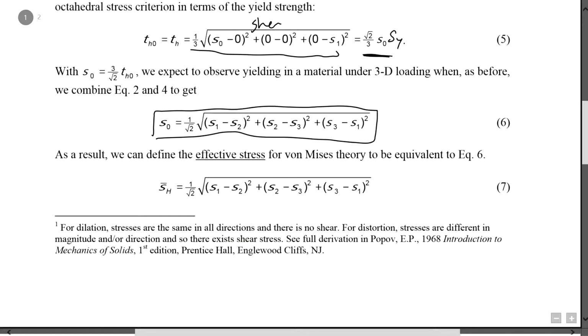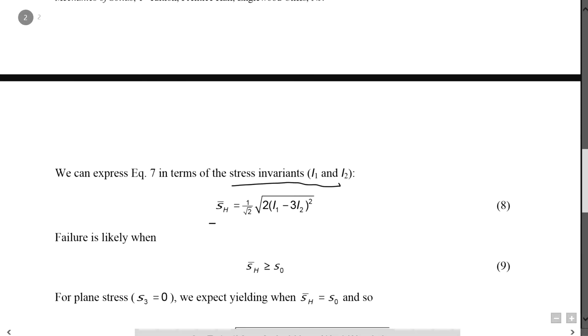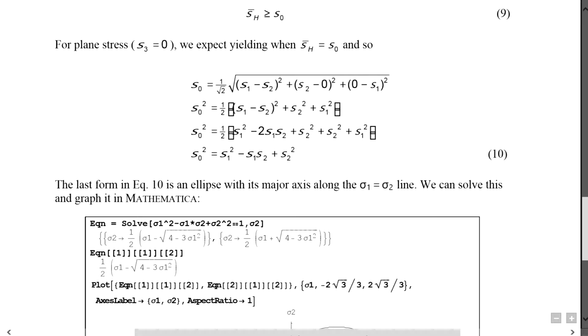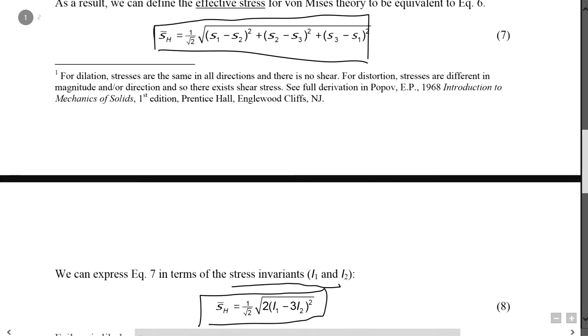So therefore, if you do this, you get the stress invariants of this thing over here. I don't know how you get the stress invariants, but that's how they write this. Some magic appears and they rewrite this, and they assume S3 equals 0 for your general equations over here.